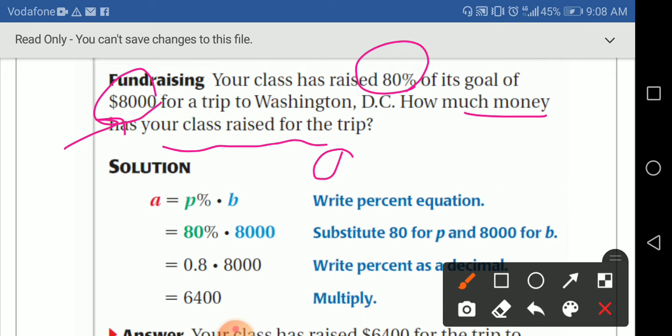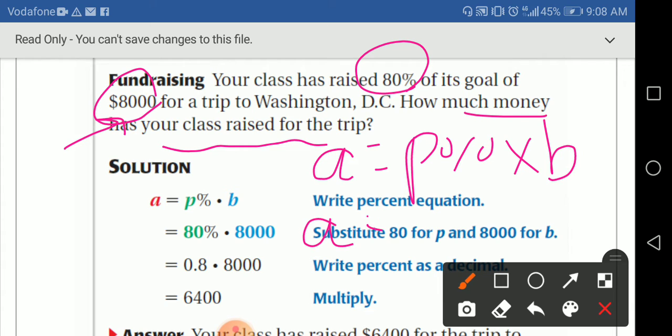So we have a rule: A = P percent times B. The P percent, the part of percent here, is 80%.